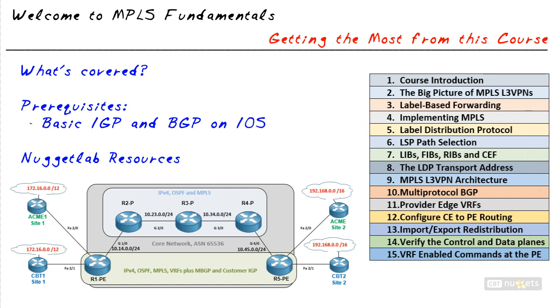Now, to optimize your time and get the most you possibly can out of this course, there are a couple of really basic prerequisites. Number one, you should have a basic understanding of routing protocols so that you've configured and worked with things like RIP, OSPF, and EIGRP before on a Cisco IOS router. It would also be helpful if you have a basic knowledge of Border Gateway Protocol and have configured it on a Cisco router as well. Now, you do not have to be an expert on either of those.